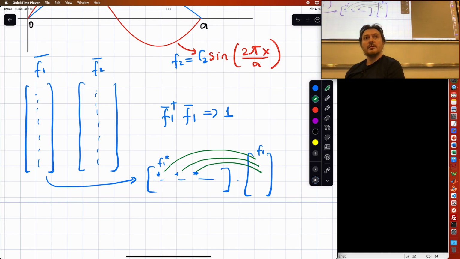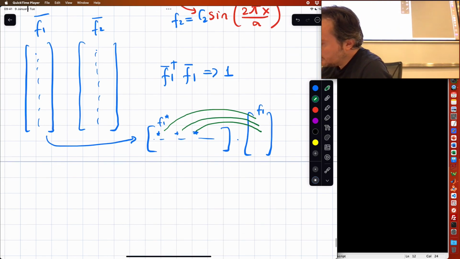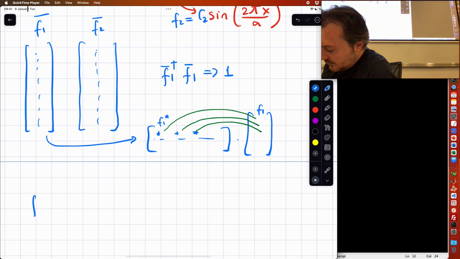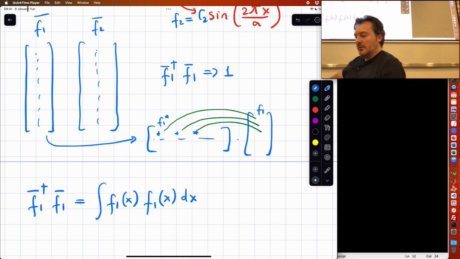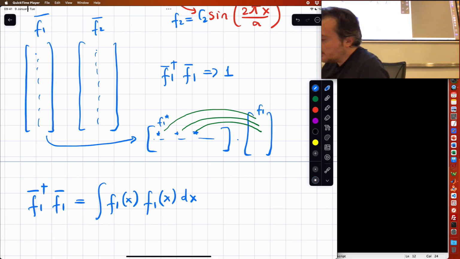So there's an integral? There is an integral, yes, very good. So this can be represented as an integral. Before going to the integral, let's start with this.